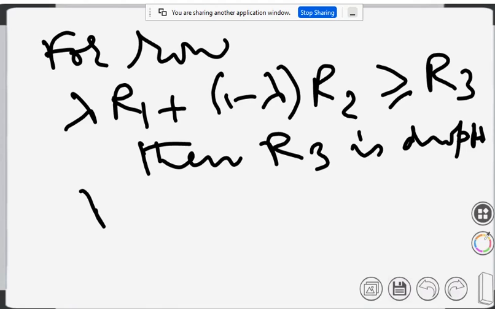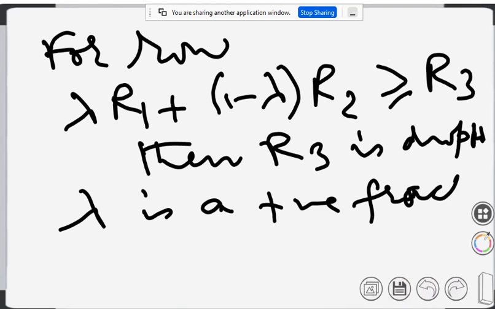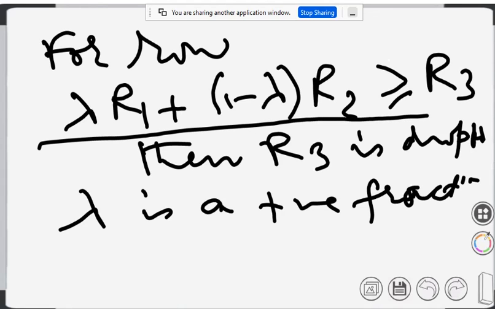What is lambda? Lambda is a positive fraction. This is called convex combination.